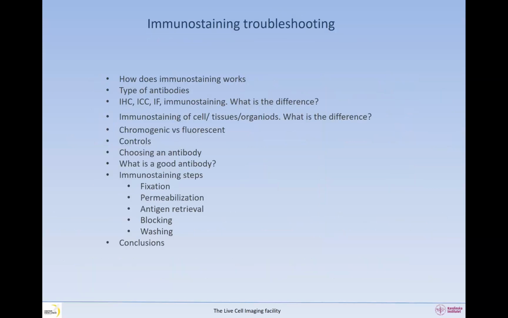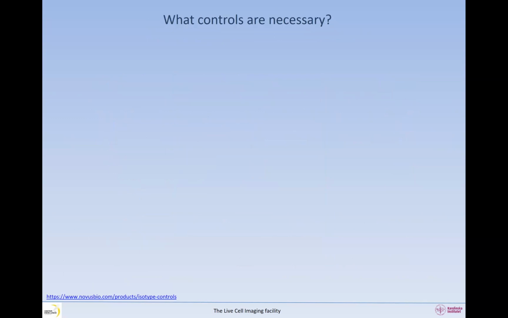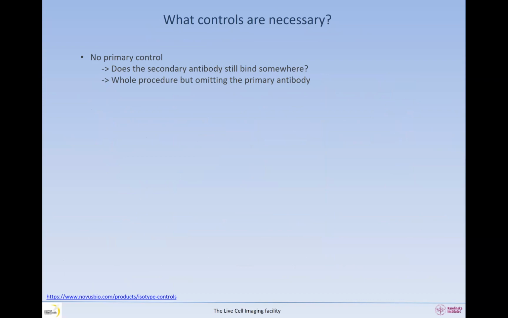Before starting your immunostaining, you should think about what controls you should perform together with your main sample. So there are three main types of control that you should always have next to your main sample.